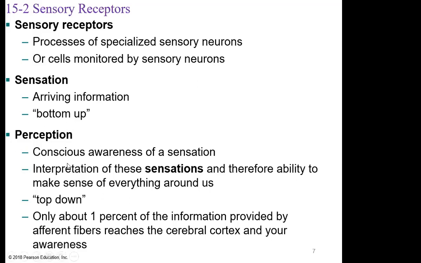So perception, therefore, is top down. Instead of bottom up, it's now top down. Perception means that it has reached your brain and now you are aware, so now there can be some sort of action taken top down, from the brain going down, in order to maintain homeostasis, depending upon what that sensation was.